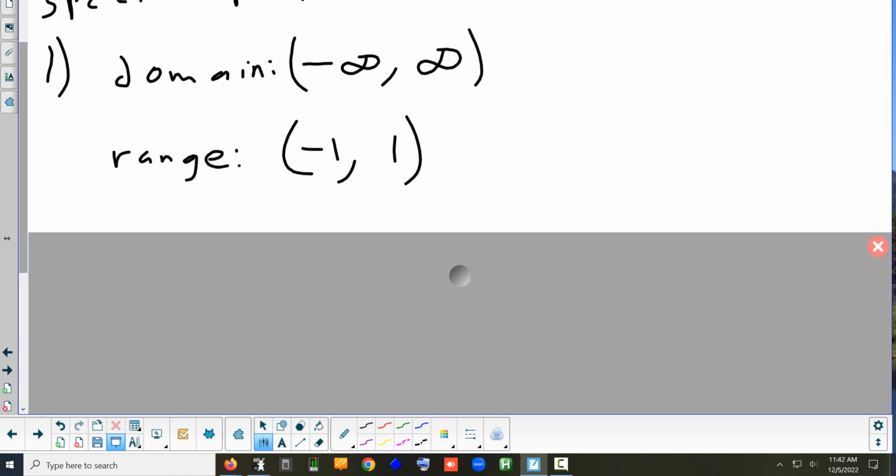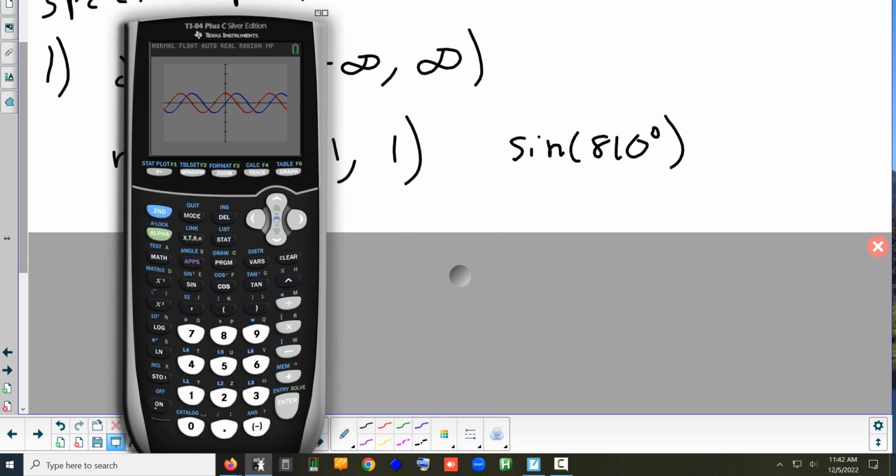And we talked about when we did unit circle trig, maybe an angle like this, 810 degrees. That's a little hard to think about the coordinate because it's such a big number. What did we say you can do to an angle to make it smaller to work with and it won't affect the coordinate? Add or subtract 360.